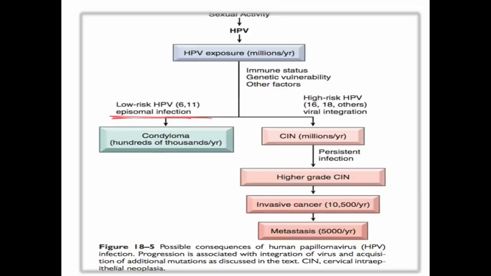What you need to know about the high risk is that it has viral integration, so it's going to integrate its viral genome inside the normal cells. Another thing about HPV, it's a DNA virus. That's very important to know. Then you'll get cervical intraepithelial neoplasia, which with persistent infection could cause invasive cancer and then metastasis.